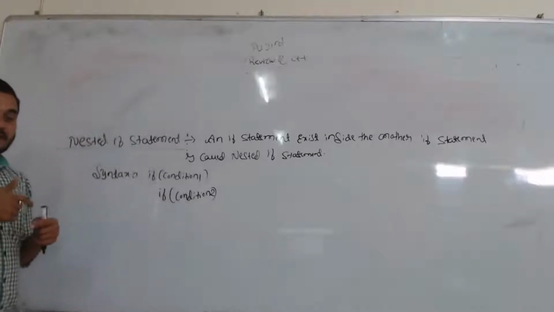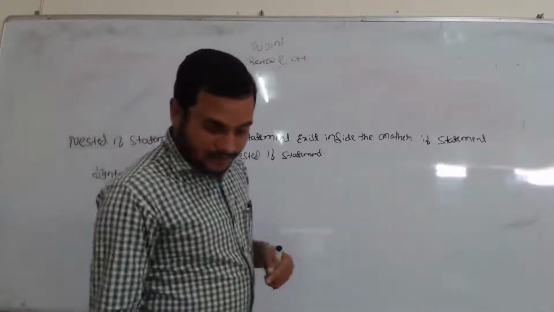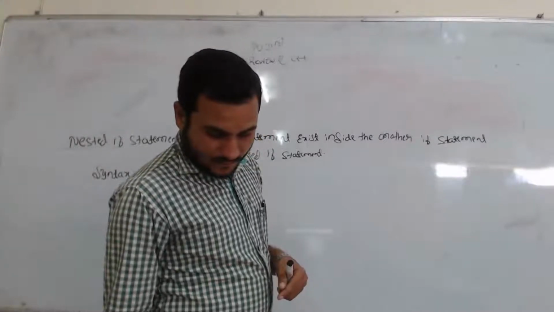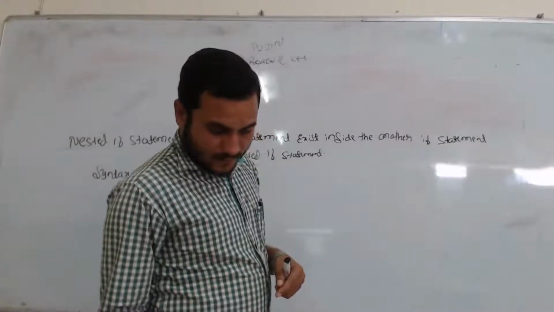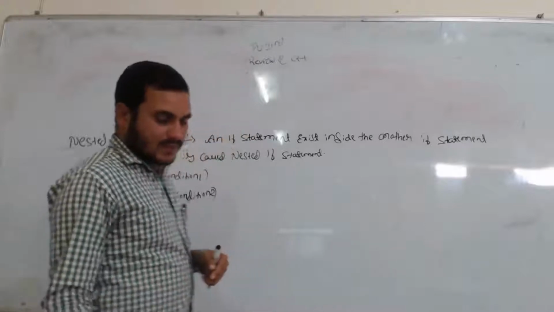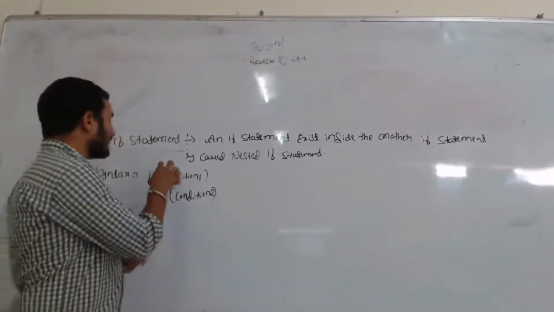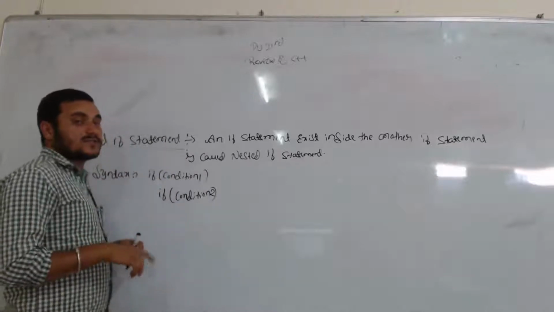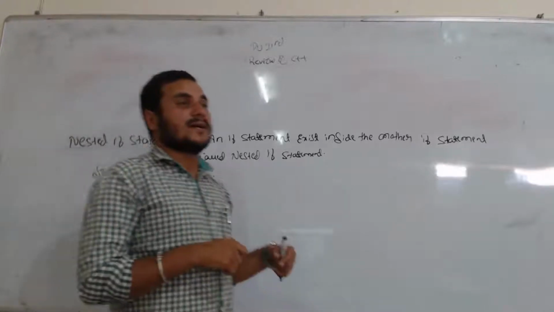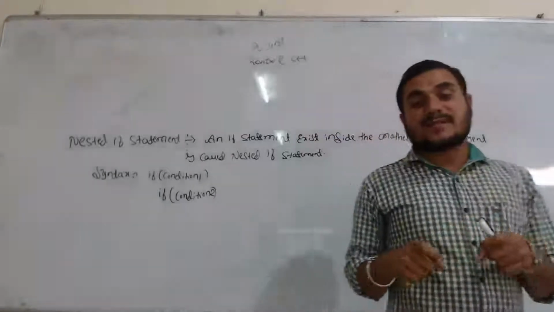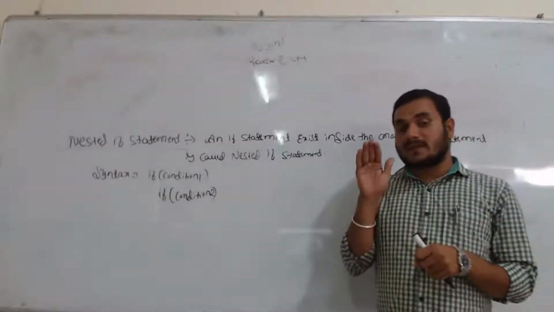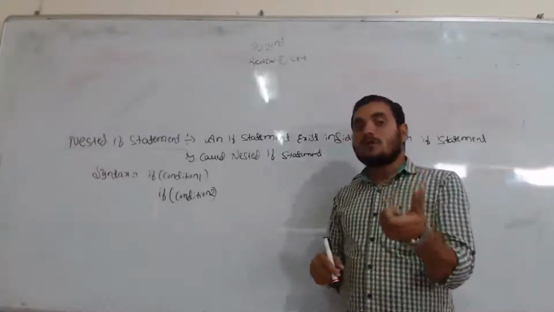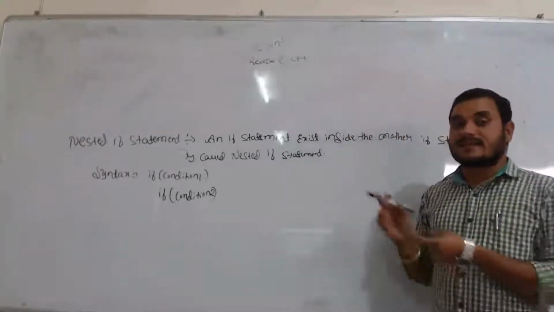One condition is already present in the looping, so I am adding one more condition. So it becomes a nested if. Already one statement is present, and I am adding one more if statement inside it.